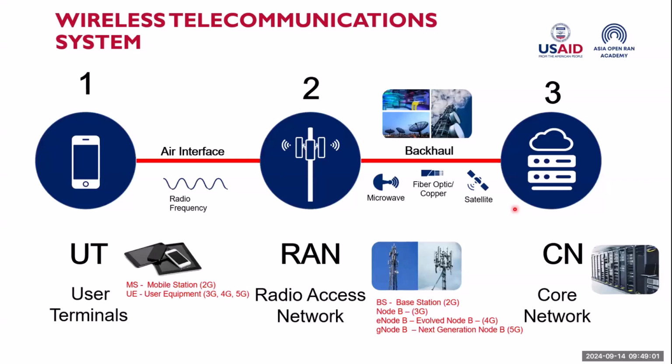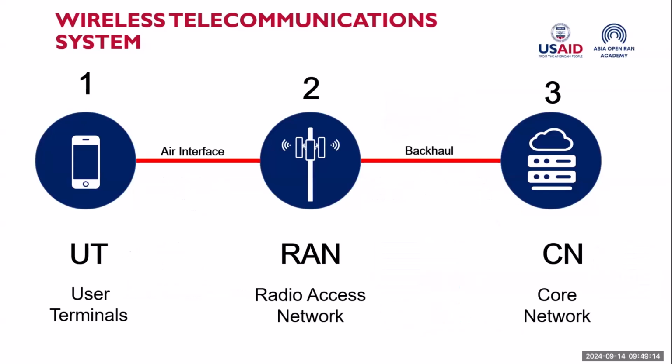Also, in different parts of the world, or parts of the Philippines where there's a problem with terrain or connectivity of fiber or microwave. So it's just connecting 1, 2, and 3: the user terminal is connected to the radio access network, and the radio access network is connected to the core network.